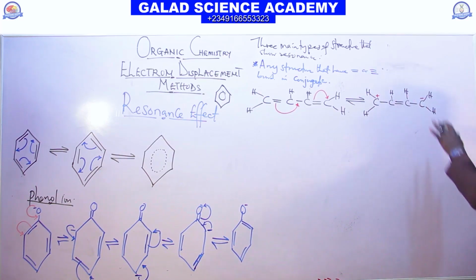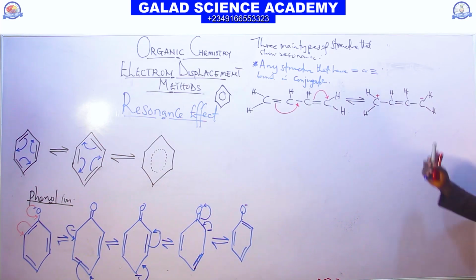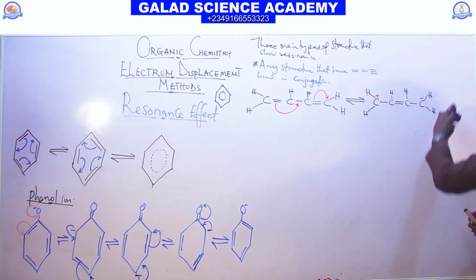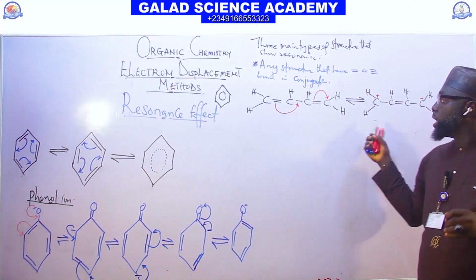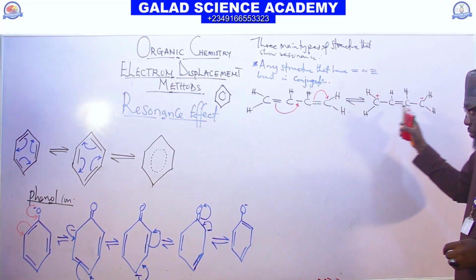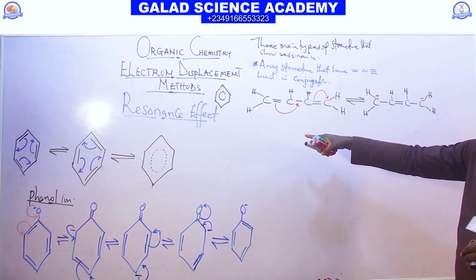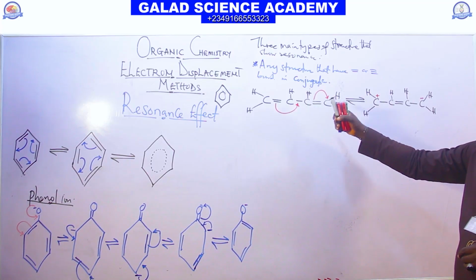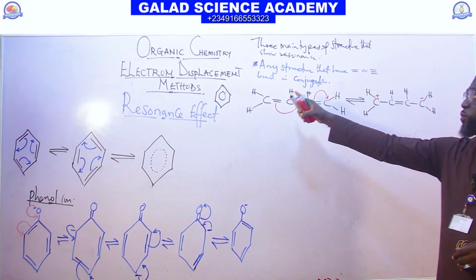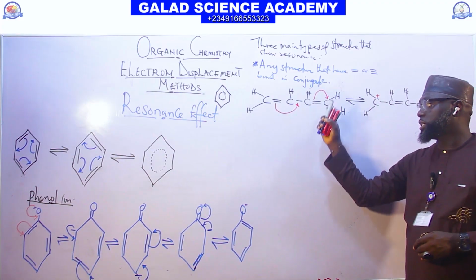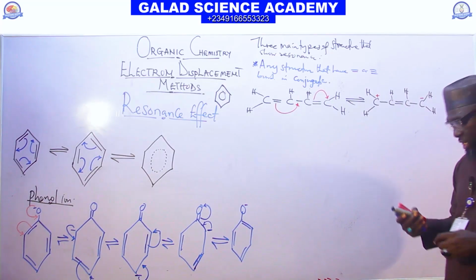So this is the resonance structure for but-1,3-diene.